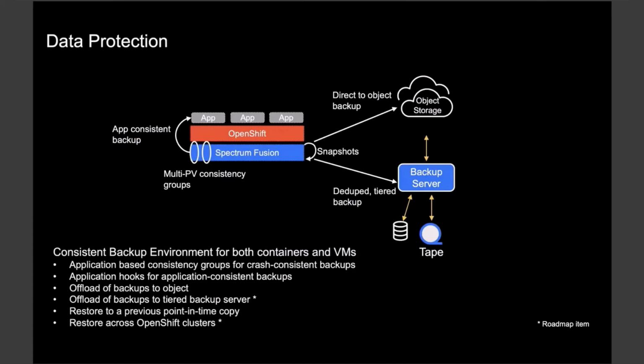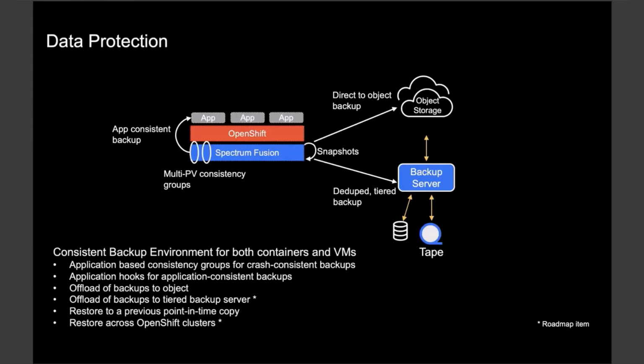Data protection is quite complicated in a Kubernetes environment because in Kubernetes, there's no inbuilt way to get a consistent snapshot of the application that can be backed up. And that is extremely critical because when you restore the backup, you want to make sure that the data that has been restored is consistent. So the application goes back to a known and consistent state.